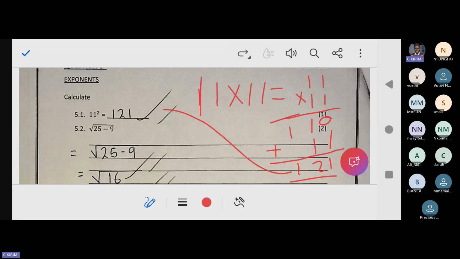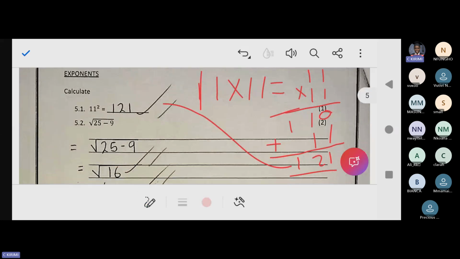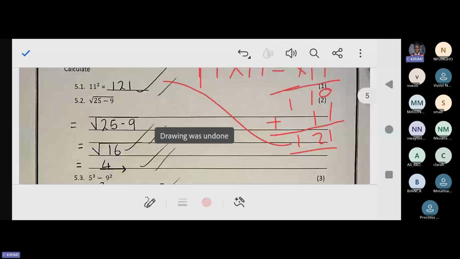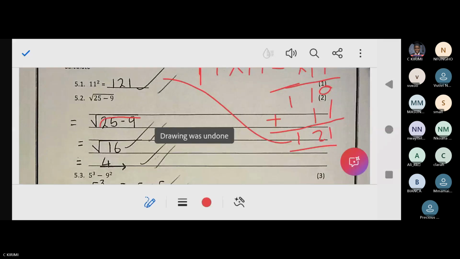Then you get an answer. So 25 minus 9 is 16. You first simplify what is under the square root before you start to split square root of 25 minus square root of 9. It's not the same. Solve what is under the square root sign first. You get 16. Now we say, what is the square root of 16?